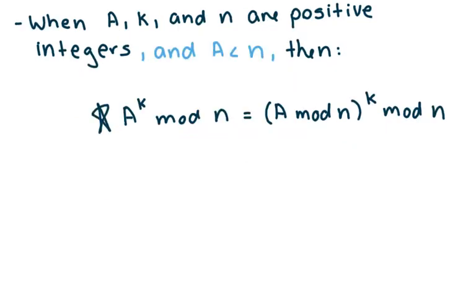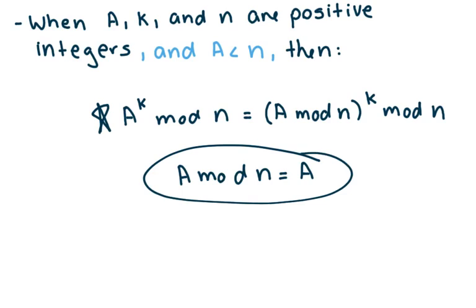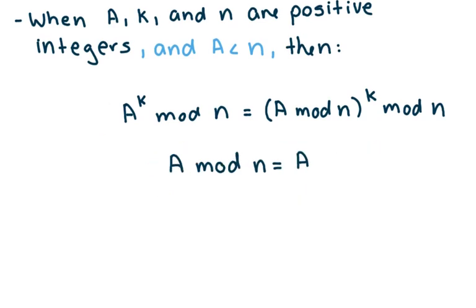So this is true because if a is less than n, then a mod n simply equals a. And why is this true then? Well, if you divide n into a, and a is less than n, then n is going to divide into a 0 times because it's larger than a.